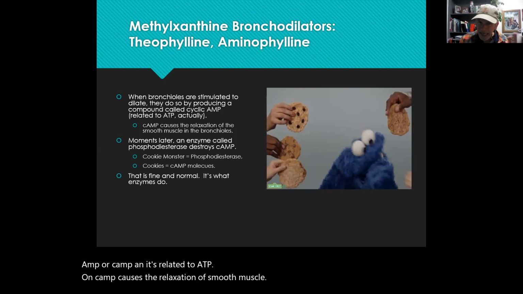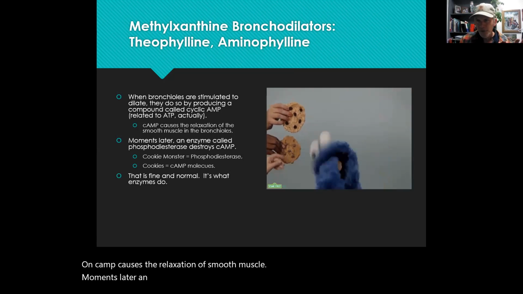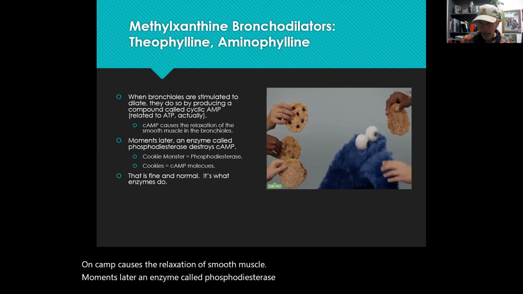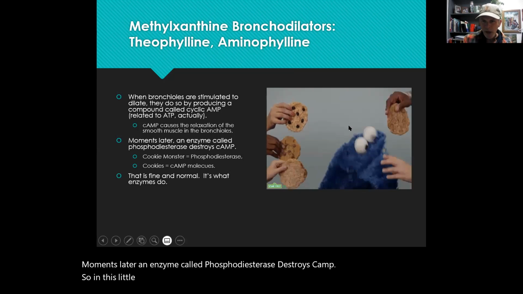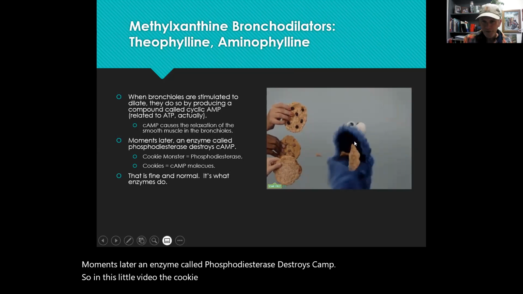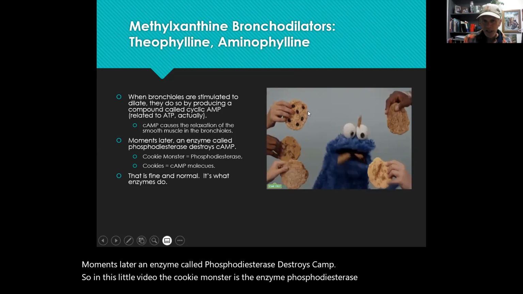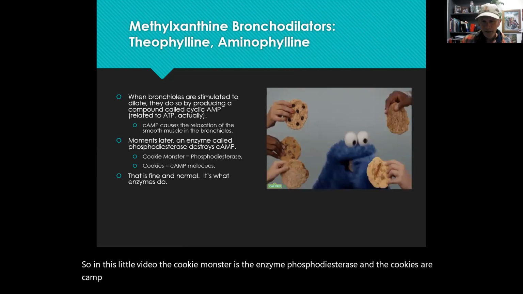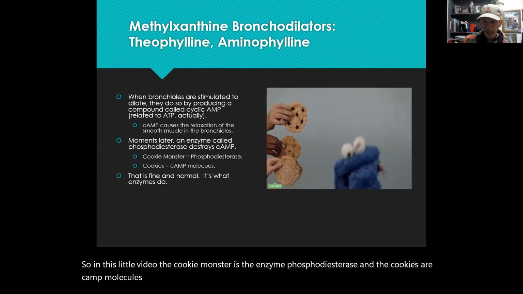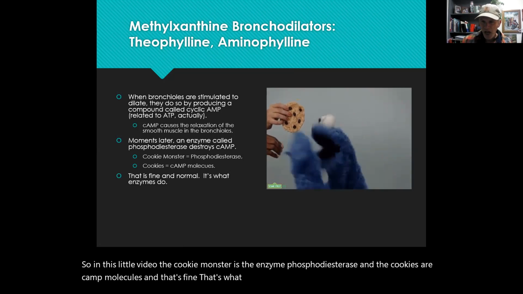Moments later, an enzyme called phosphodiesterase destroys cAMP. So in this little video, the Cookie Monster is the enzyme phosphodiesterase, and the cookies are cAMP molecules. And that's fine. That's what enzymes do. It's not a problem.